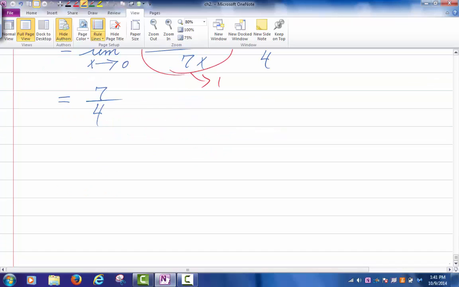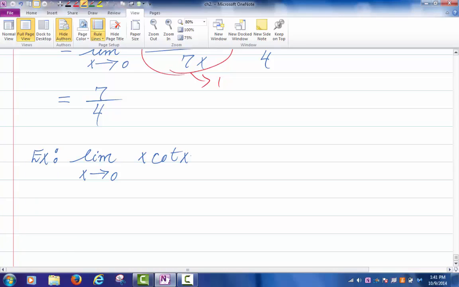Okay, let's look at another example. Let's take the limit as x goes to 0 of x times cotangent of x. And so what is that limit?